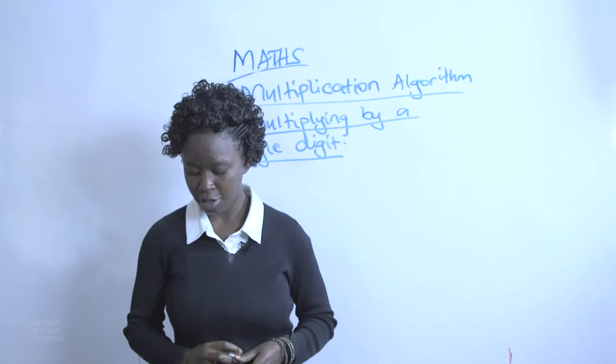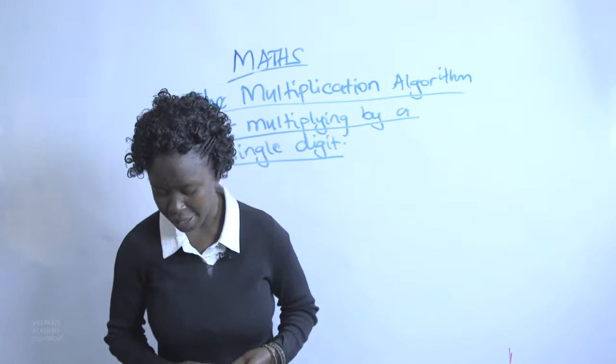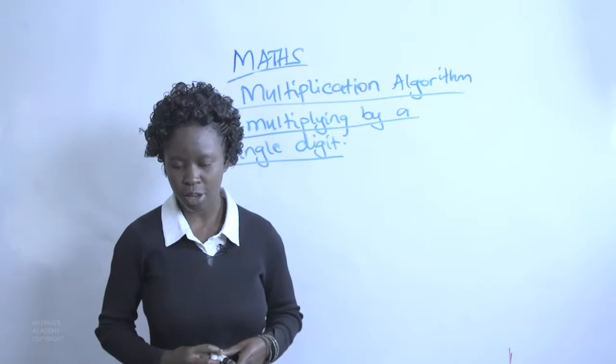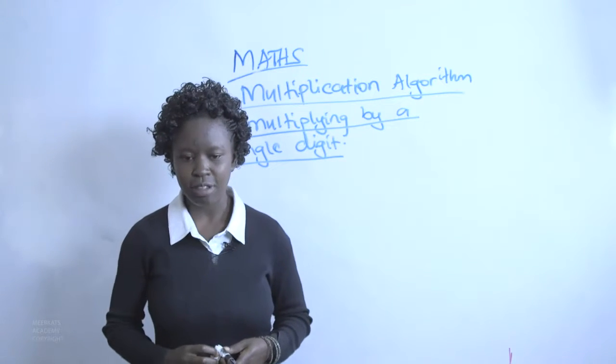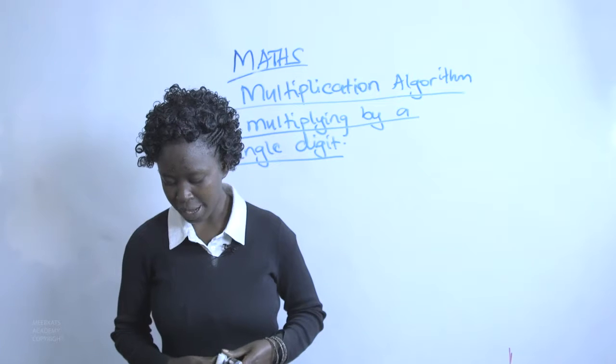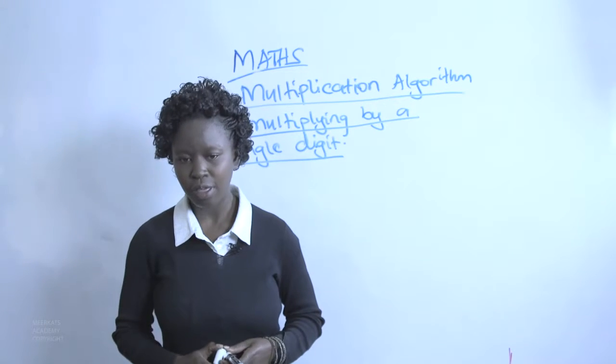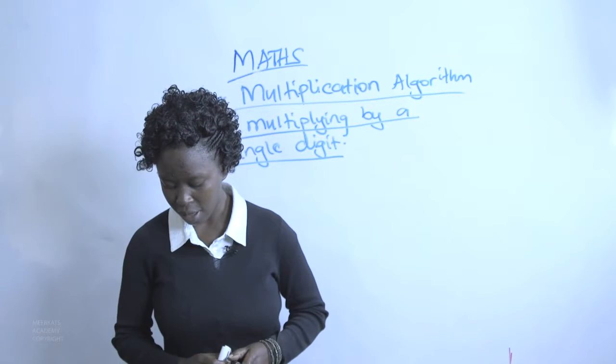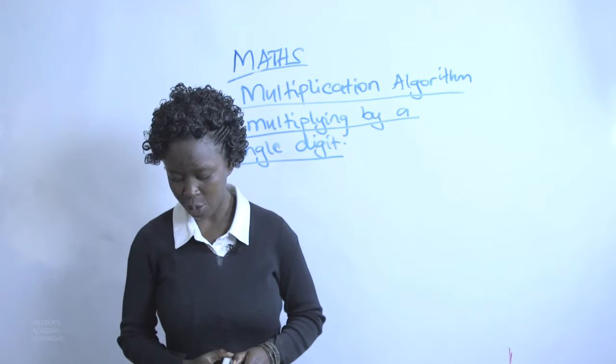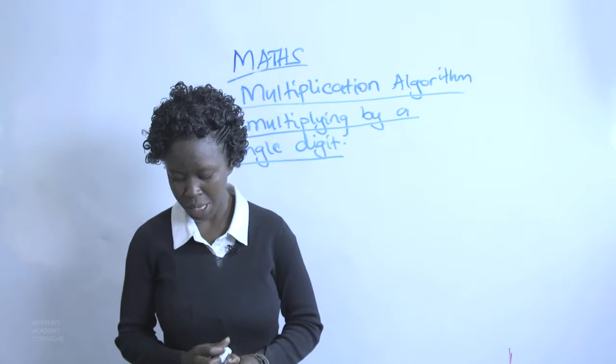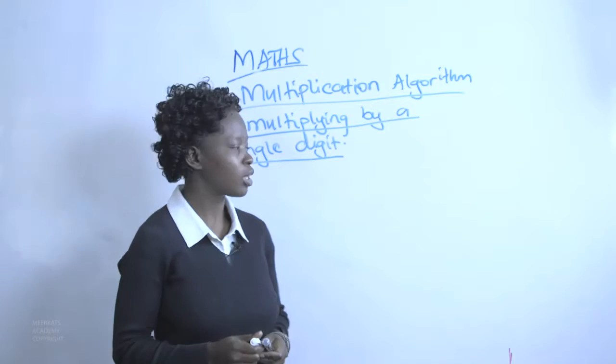Then after that, if there is a number that has a higher place value after multiplication, it is carried, then added to the digits in the higher place value. This is what we mean by what we are talking about.